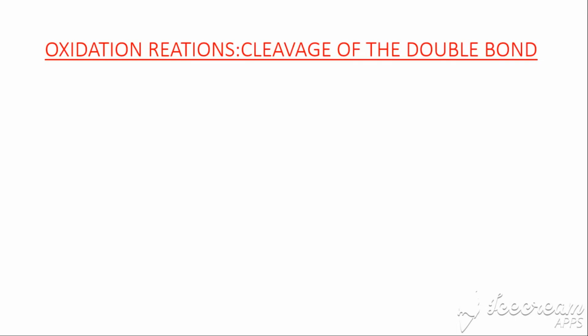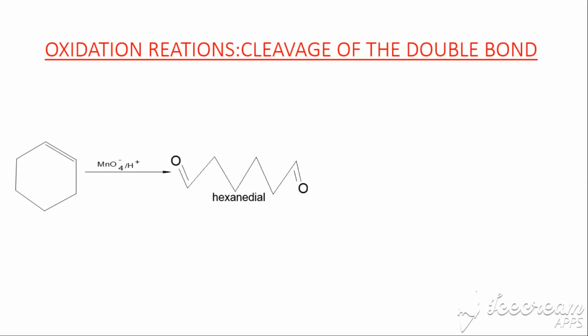But if we are using a strong oxidizing agent, those carbonyl compounds will be further oxidized to give carboxylic acids. In our case, we have cyclohexene. If we expose cyclohexene to this oxidizing agent, we'll cleave our double bond to give a dialdehyde. But because our oxidizing agent is a strong one, we'll further oxidize our dialdehyde to give a dicarboxylic acid.